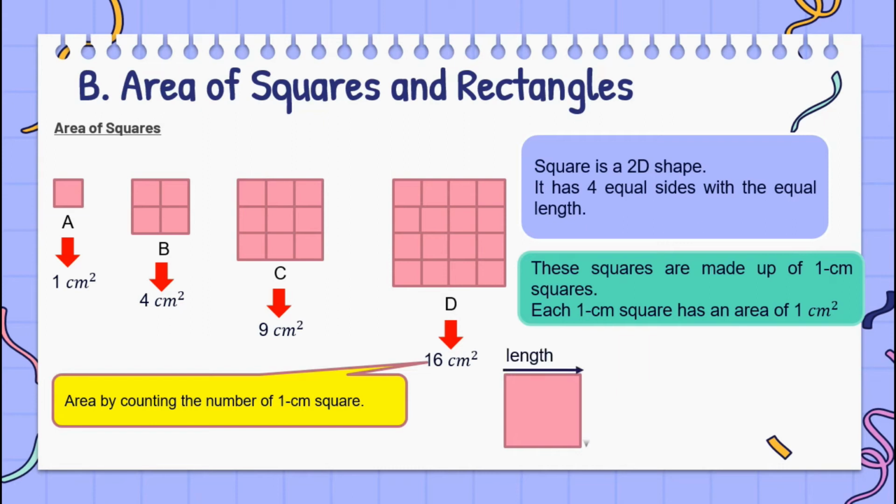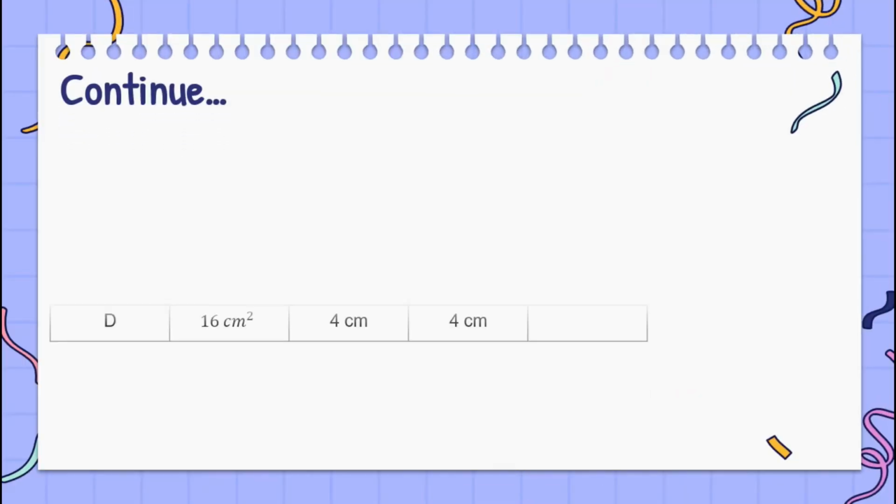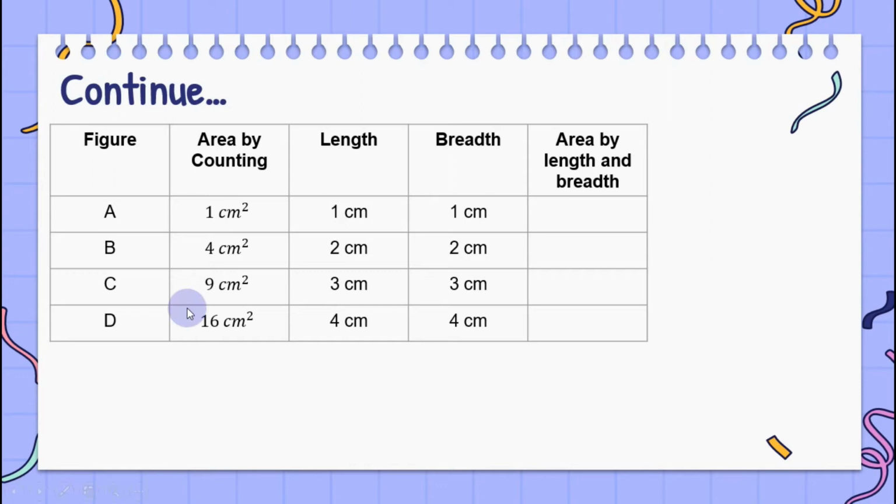Length, length. Figure A, 1 square centimeter. B, 4 square centimeter. C, 9 square centimeter. D, 16 square centimeter.